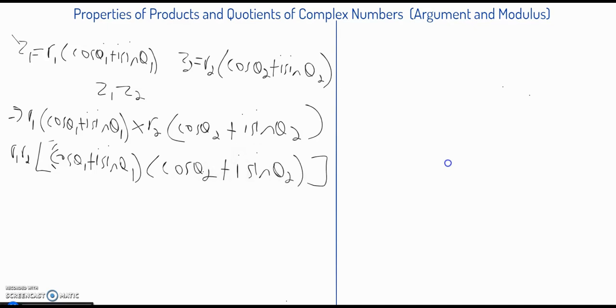So we have two brackets here. Now, this expansion, we're going to treat just like how we treat polynomials. So we're going to multiply everything in the second bracket by everything in the first bracket. So let me put the R1 and R2 outside first. Open this big bracket. The cos theta 1 in the first bracket will multiply cos theta 2. Then the cos theta 1 will also multiply I sine theta 2.